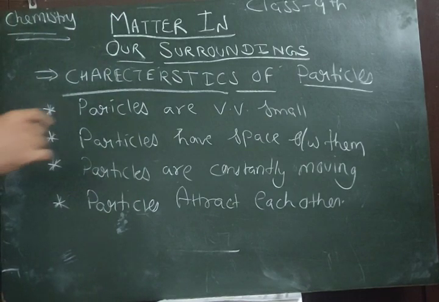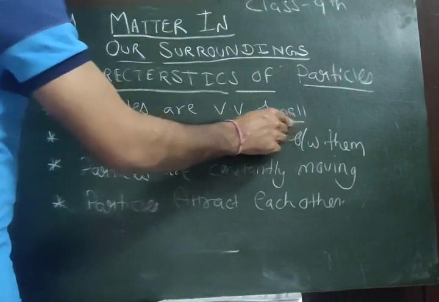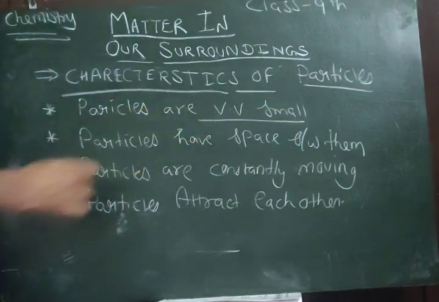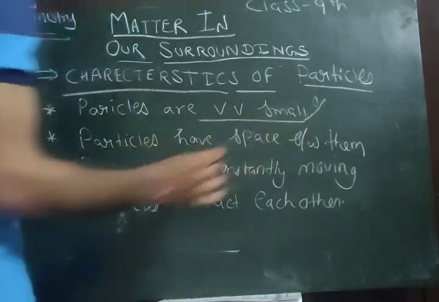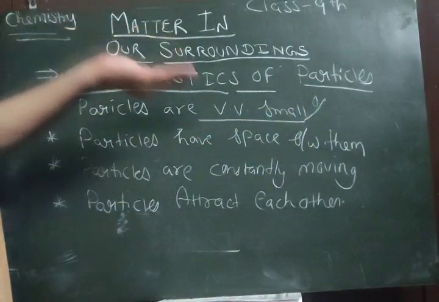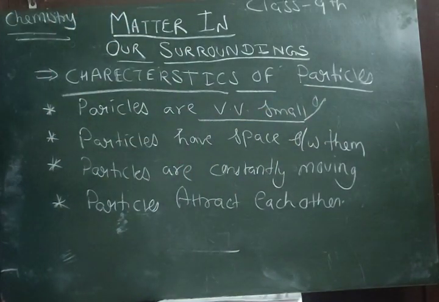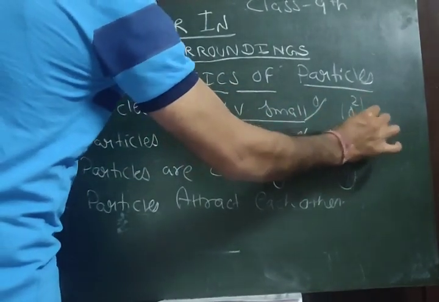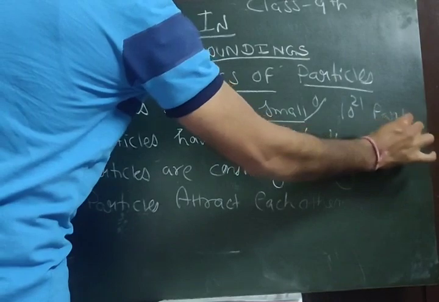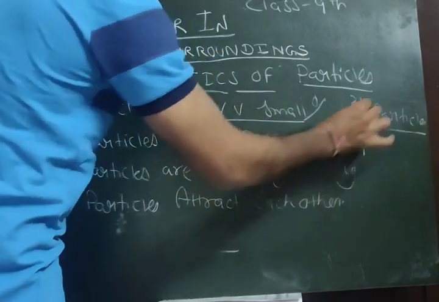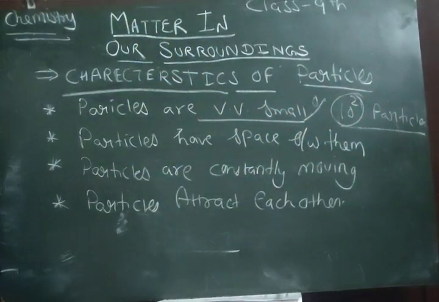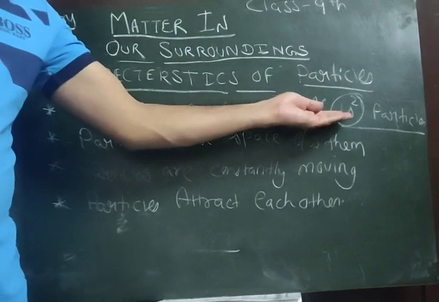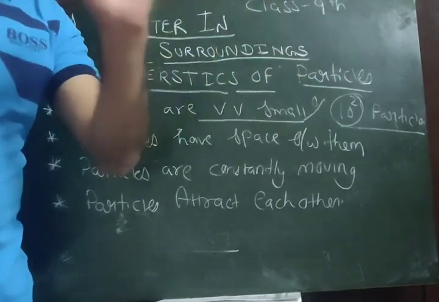So understand: particles of matter are very, very small. We have already discussed this, as we discussed the one drop of water which contains around 10 to the power 21 particles. Do you understand what 10 to the power 21 is? It means after 1 there are 21 zeros.